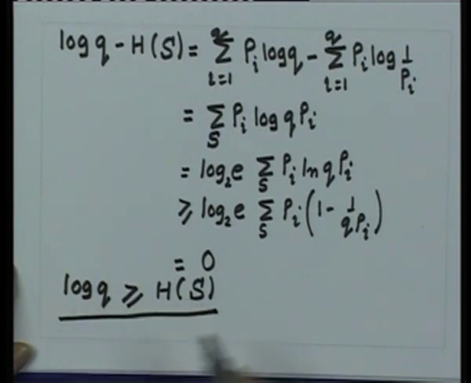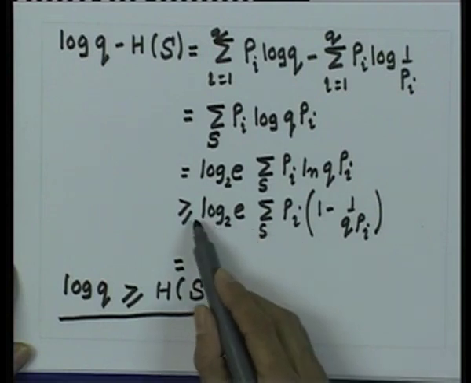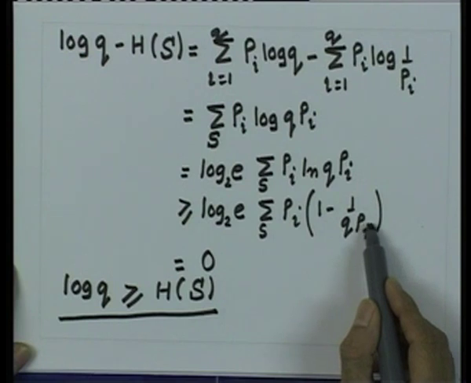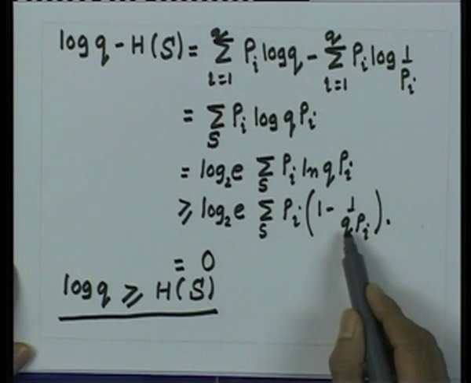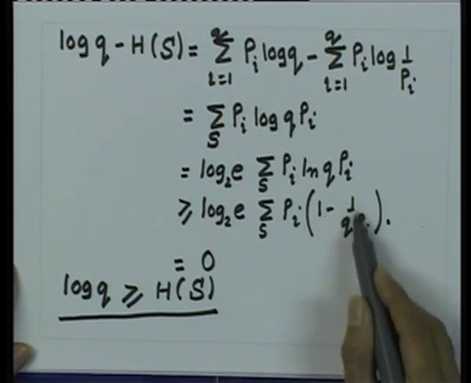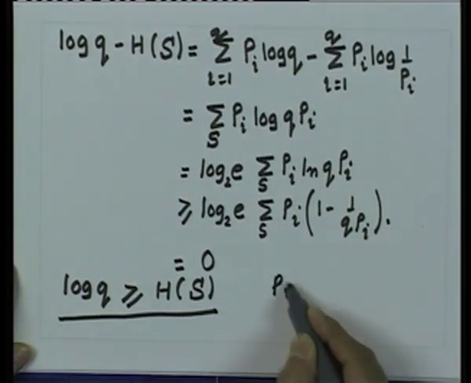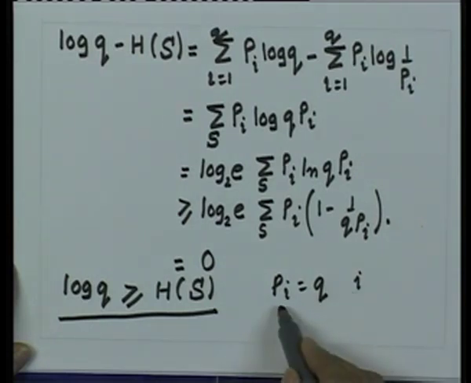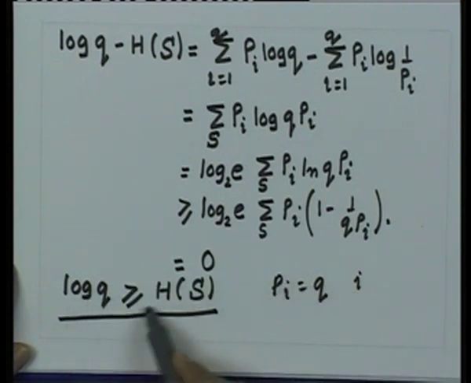Both are equal only when I look at the point where the inequality was introduced. So, if you want equality, 1 should be equal to 1 by q Pi. This implies that Pi should be equal to 1 by q for all i's. If I can satisfy this for all i's, then I can write log q is equal to H(S).